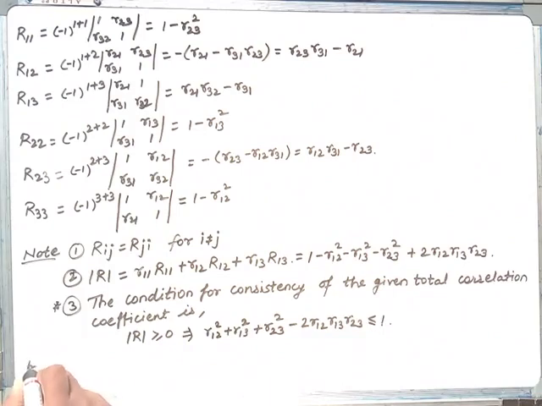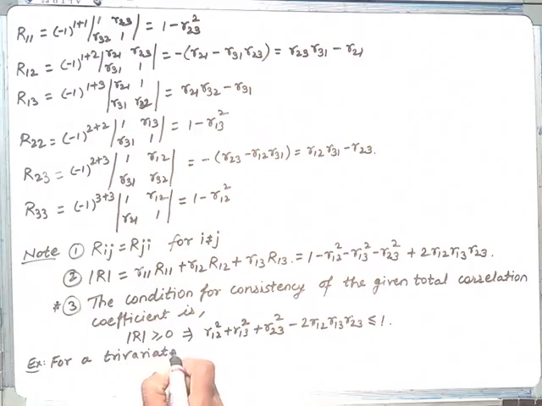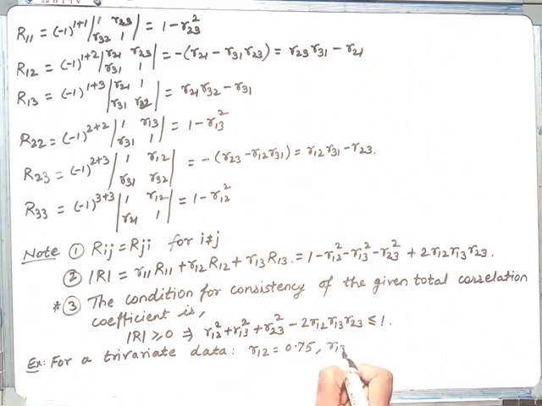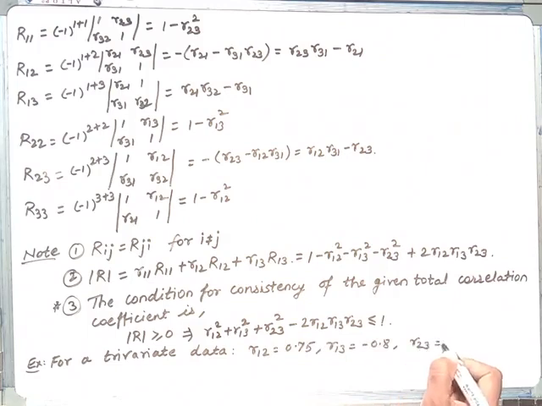Now let me give one example for this. For a trivariate data, the values given are R12 equal to 0.75, R13 equal to minus 0.8 and R23 equal to 0.9.